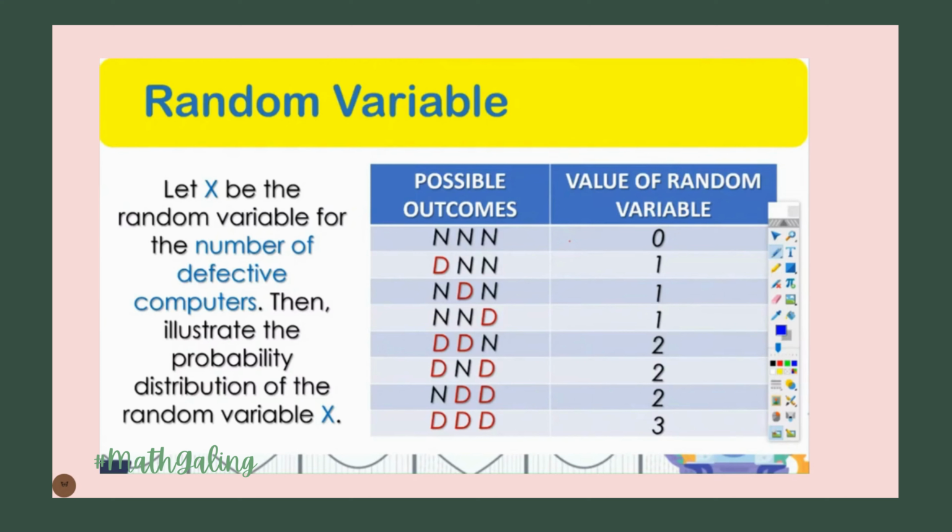If we pick 3 of those, there's a chance that all 3 of them are not defective, so working very well. But it's also possible that there's one that is defective in the set of computers that we will choose. So it means that the possible values of the random variable in this case are 0, 1, 2, and 3.